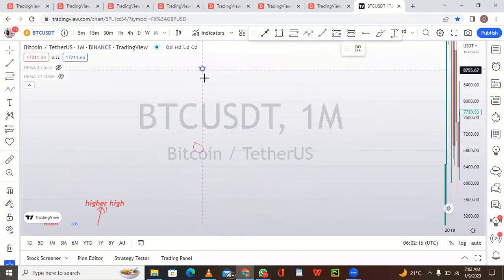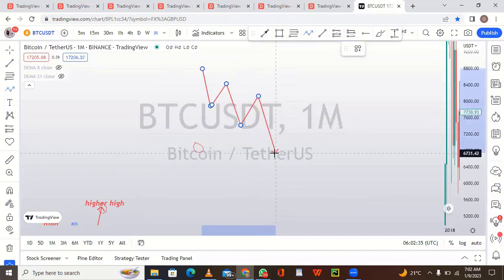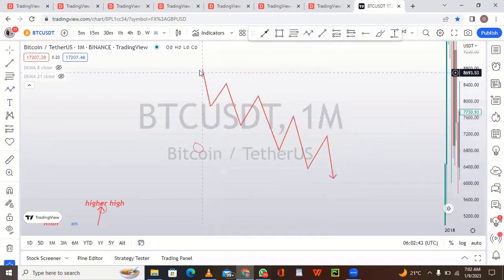You have a high, a low, a lower high, a lower low, lower high, lower low, lower high, lower low, lower high, and then lower low, in that order.